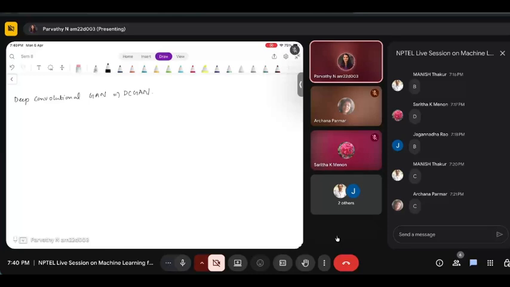Another difference in architecture for DCGAN compared to a GAN is that they use batch normalization in both the discriminator as well as the generator, and they remove the fully connected hidden layers. They use only convolutional layers, and they use ReLU activation in the generator and Leaky ReLU in the discriminator.